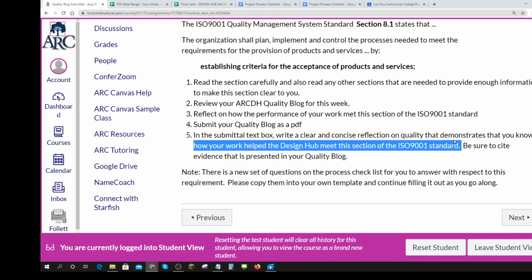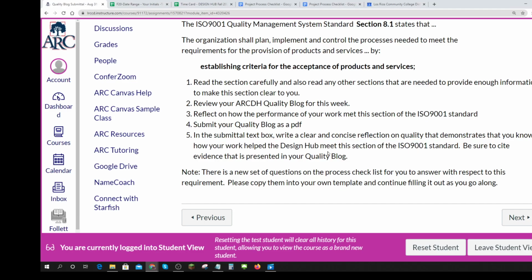And then do you know the criteria and how to measure it? And if you do, you can say that your work is helping us meet the standards by getting the job done on time because we don't have to rework product, or getting the correct job to the client because we don't have to go back and do it again because we did the wrong stuff. Okay? So you'll just want to write something out in the text. Cool?